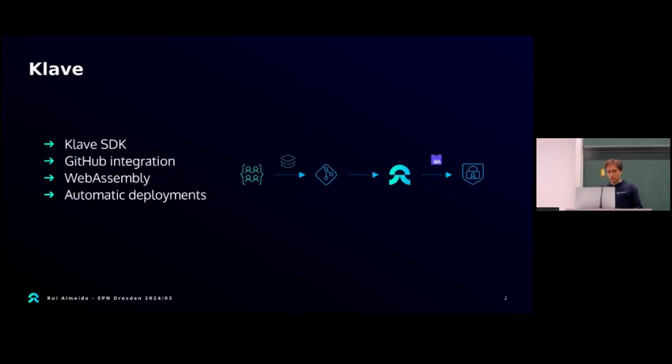Klave comes with an SDK. It's a TypeScript SDK. We are targeting languages that can be compiled into WebAssembly. Klave also integrates well with GitHub, so if you're already using GitHub to host your projects, you can just give the Klave platform permissions to access your repos, and Klave will then fetch the code, build it into WebAssembly, and then deploy it automatically into an enclave.